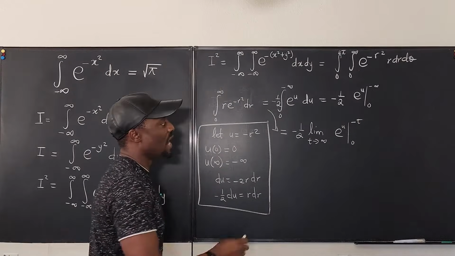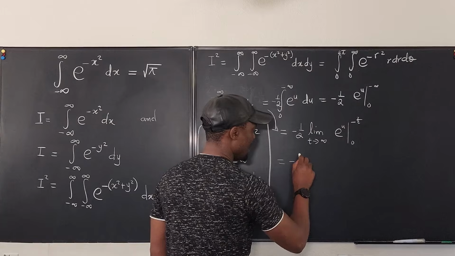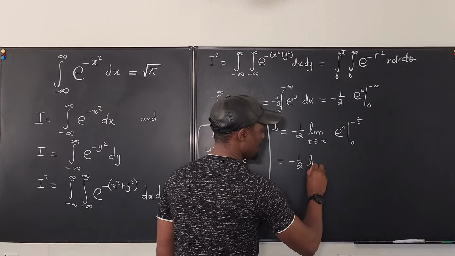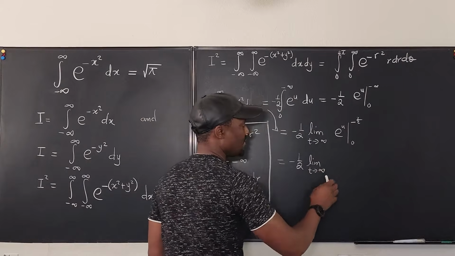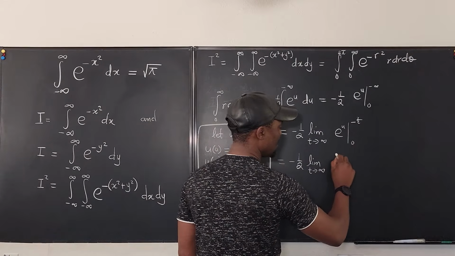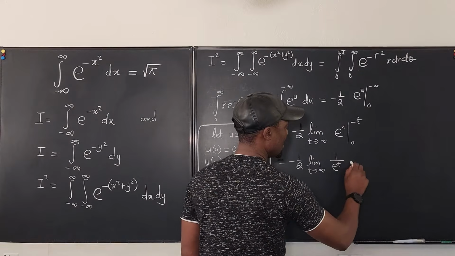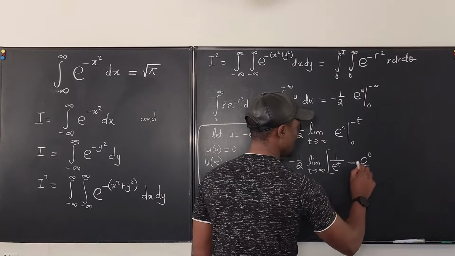Okay, so this is what I was supposed to write. Let's finish this up. Negative 1/2 times the limit as t goes to infinity of, if you plug in negative t, it's going to be e to the negative t, which is 1 over e to the t, minus e to the 0.